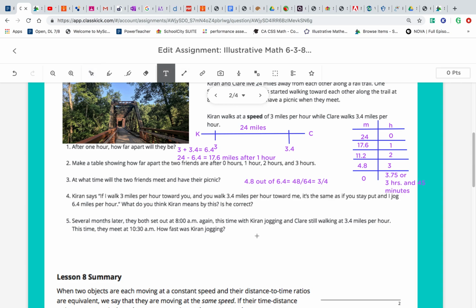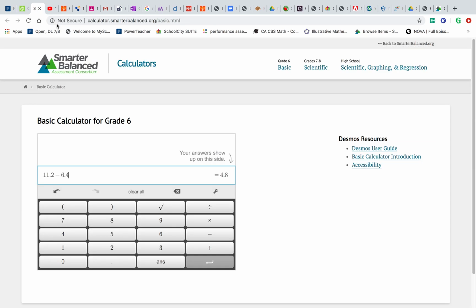So we needed to see, okay, Claire would have been 3.4 miles per hour times the 2.5 hours that she was walking for. All right, 3.4 times 2.5. Let's see what that is over here. 3.4 times 2.5. That's 8.5.